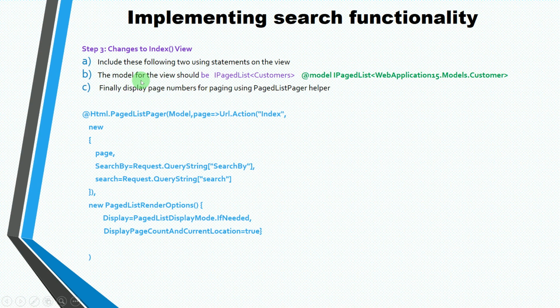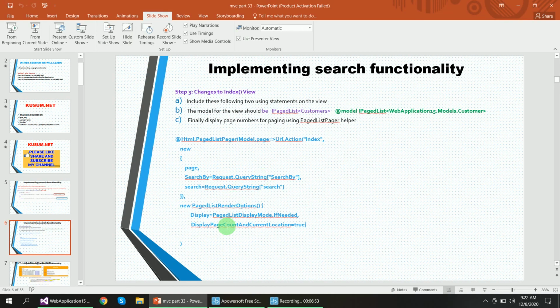And inside of the model, in place of IEnumerable, I will use IPagedList because I want to display the page numbers. Finally, display page numbers using the PagedListPager helper after the table. I will add that at the last. Let's go to Visual Studio and check it.